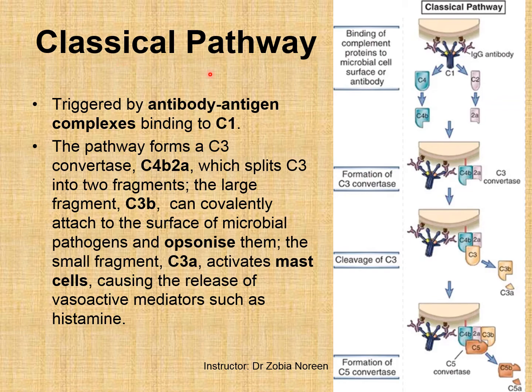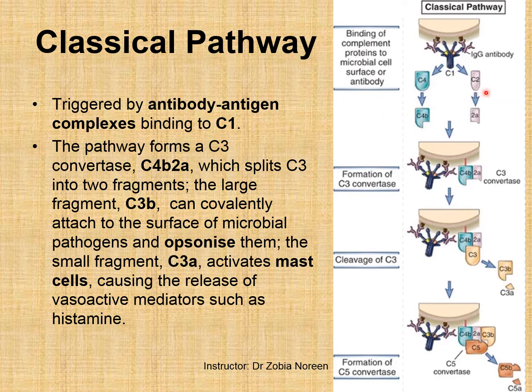This pathway involves C1, C2 and C4 complement proteins. This pathway is activated by antigen-antibody complexes which are bound to the surface of the microbial cell. So this complex activates C1, which then cleaves C4 into C4a and C4b.